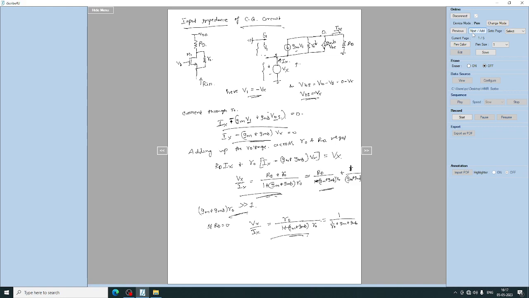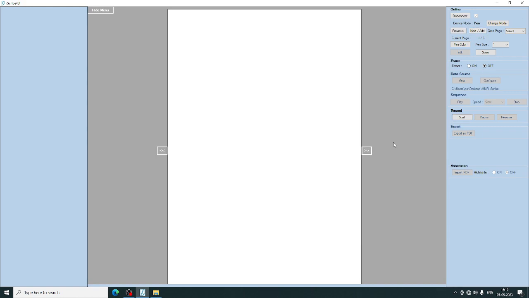To find the output impedance, we will finish off with the output impedance of the common gate circuit.